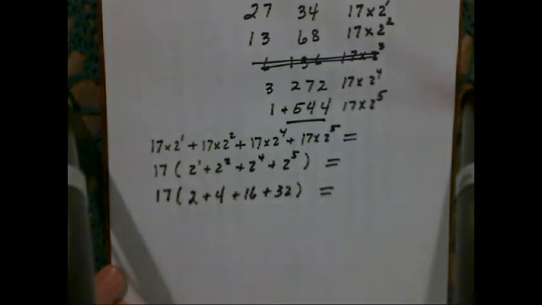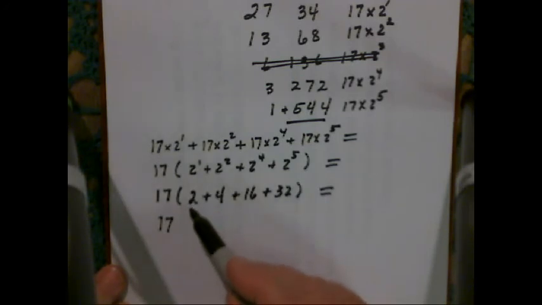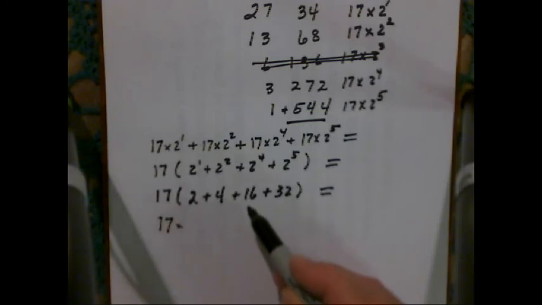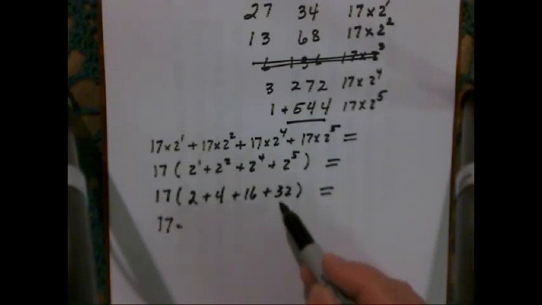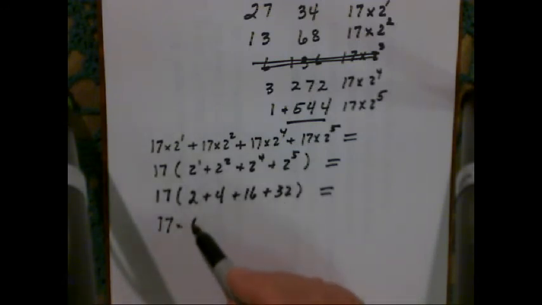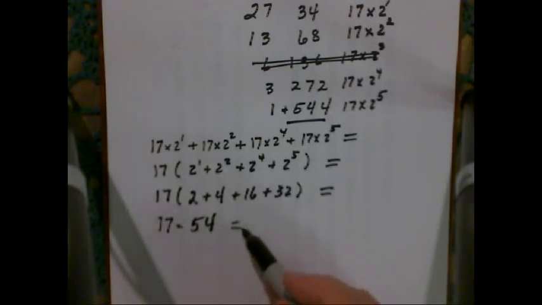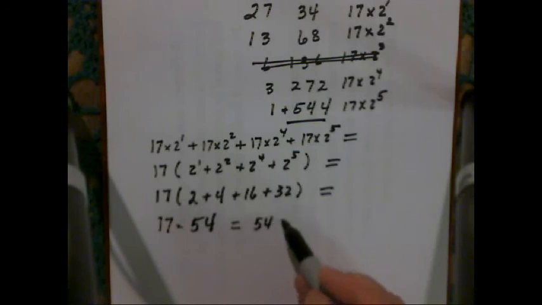I'm going to add up the terms inside the parentheses, and so I've still got a 17 here, but now that is times 2 plus 4 is 6, plus 16 would be 22, and 32 would be 54, wouldn't it? So this would be times 54. 17 times 54, which of course is the same as 54 times 17, and that was the original problem.